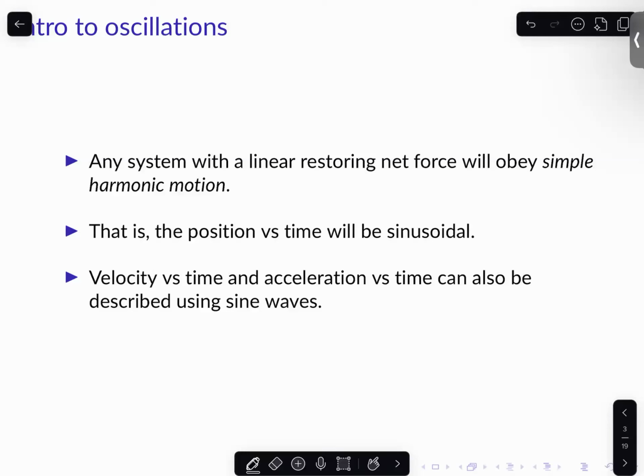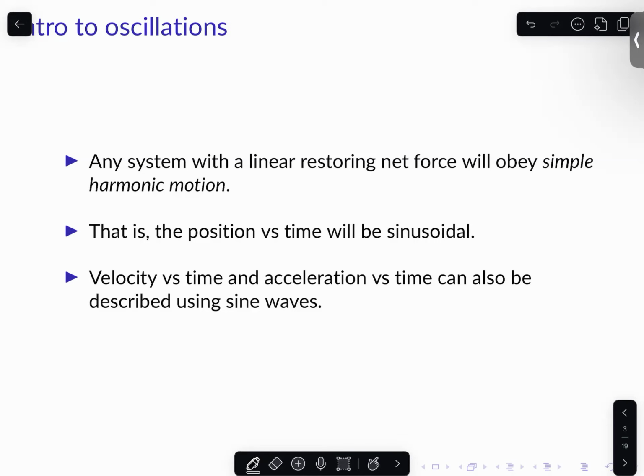Remember what I banged into your brains over the course of like two months last semester? It must be the total force, a linear restoring force. Just because you have a spring does not mean you always have oscillations. The total force, spring and all other things, must be linear.